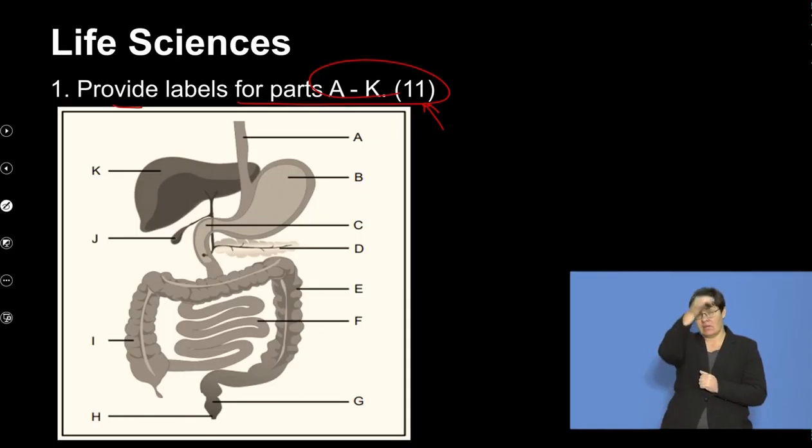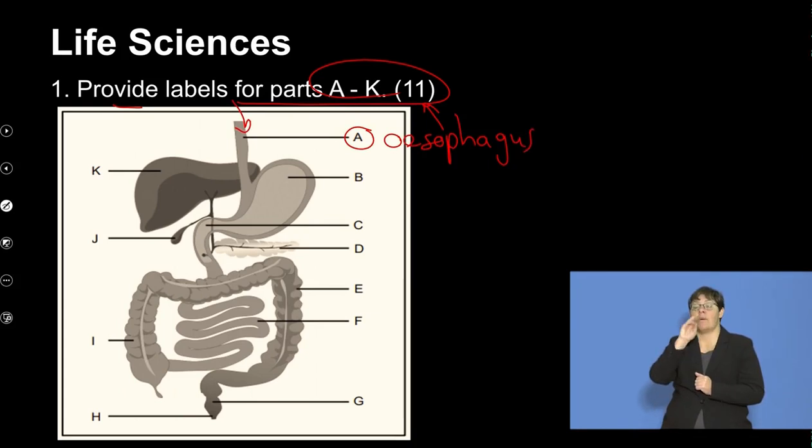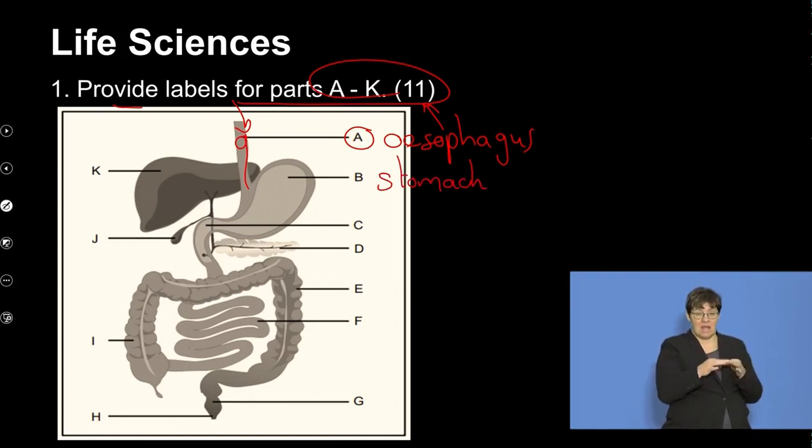We've got this tube that brings food down, and that tube there, A, is the esophagus. The esophagus, again, is that tube that allows the ball of food to move into organ B, which is the stomach. Note, as I'm going through the digestive system, I'm making note of the different parts.